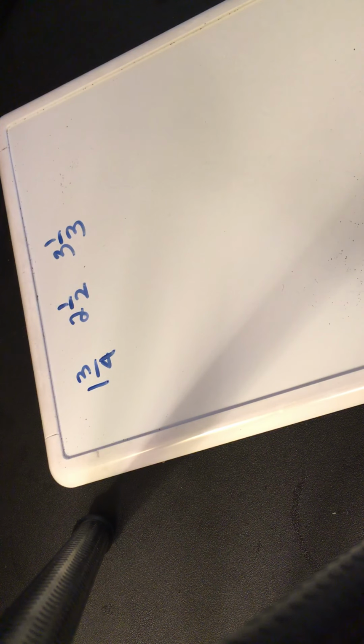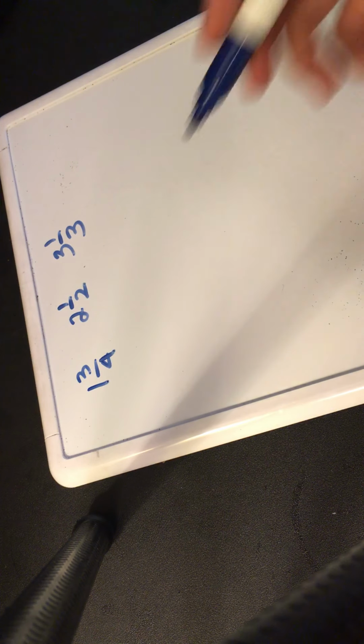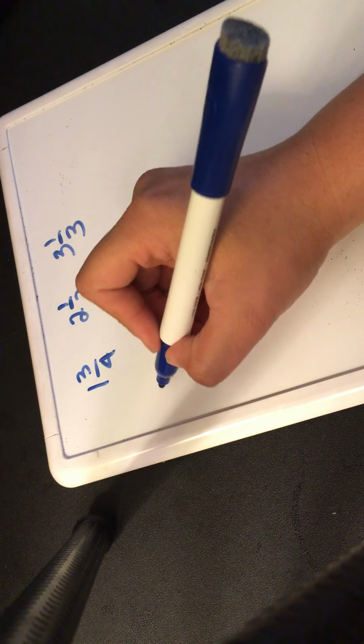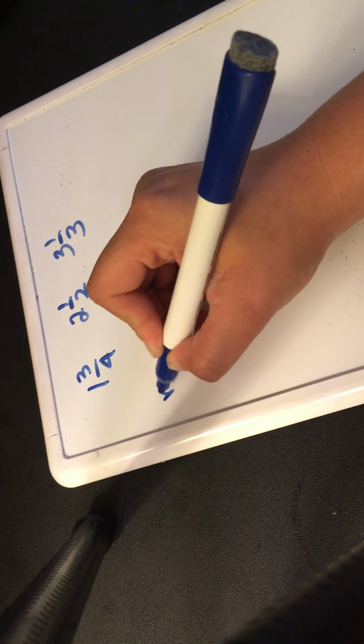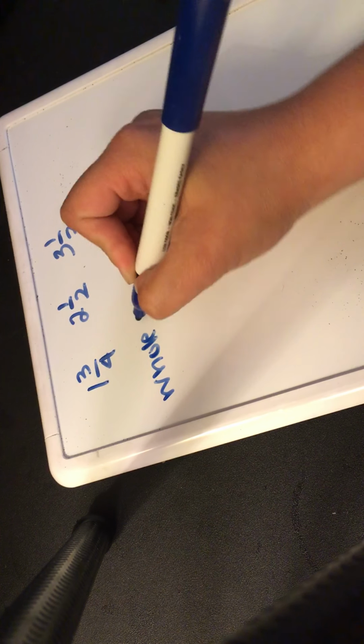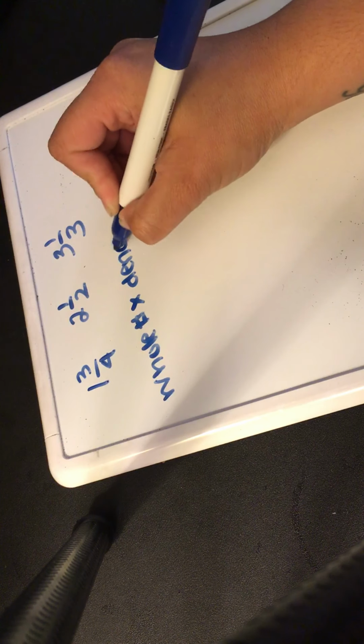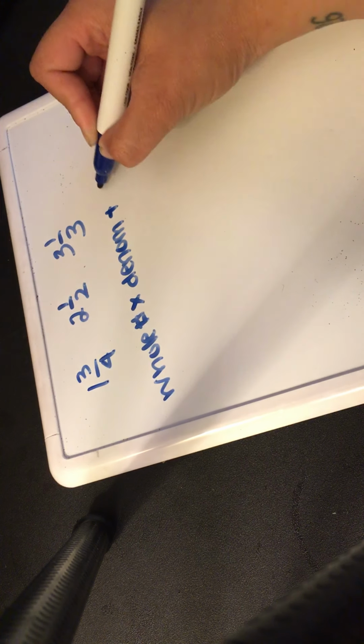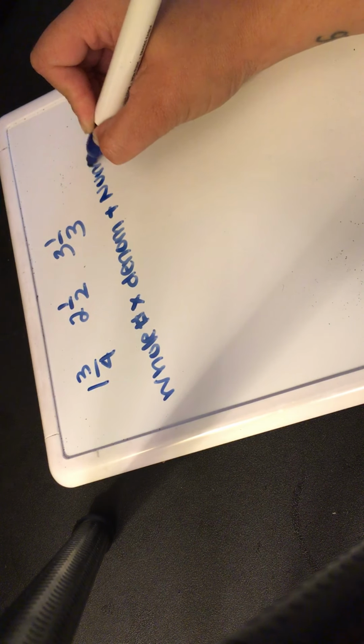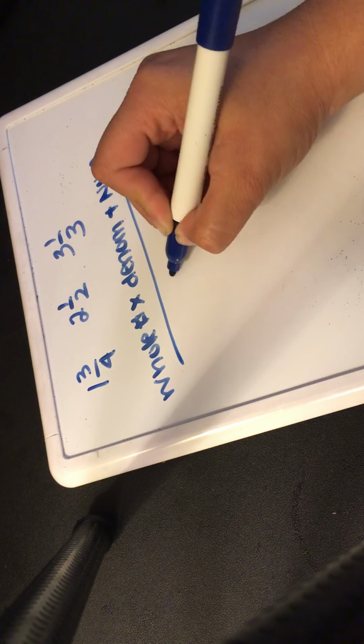To convert these, there is a simple equation. Our equation is whole number times denominator plus numerator over our denominator.